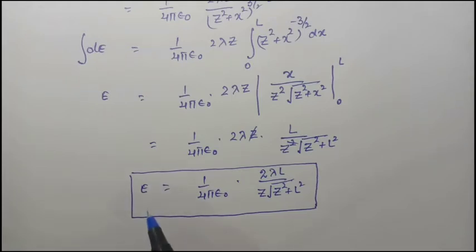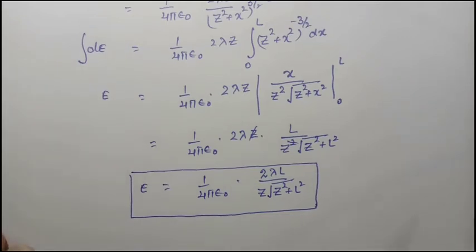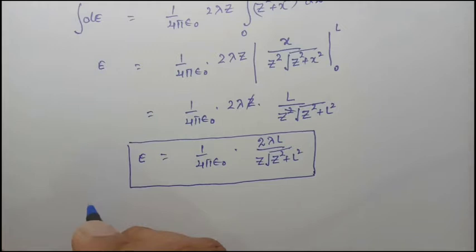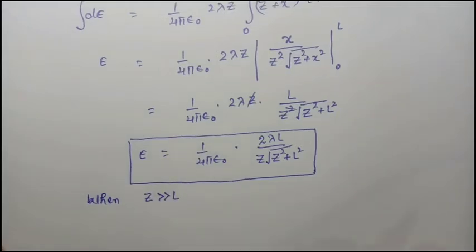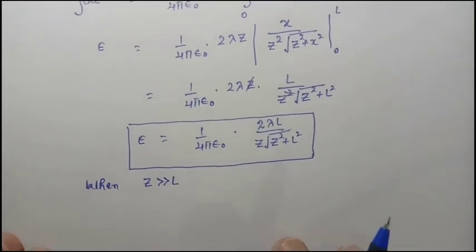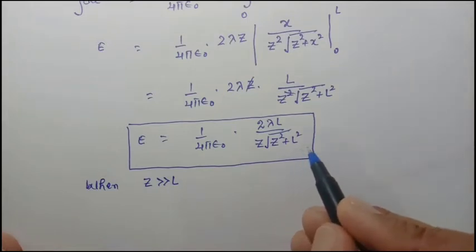The direction of the electric field is obvious, it is along the z direction. Next we have one special case. If z is much greater than L, that is, the distance where we want to find the electric field is far away from the line segment, then we can ignore the L value in this equation.